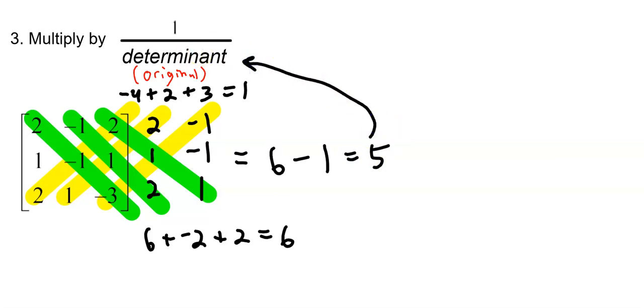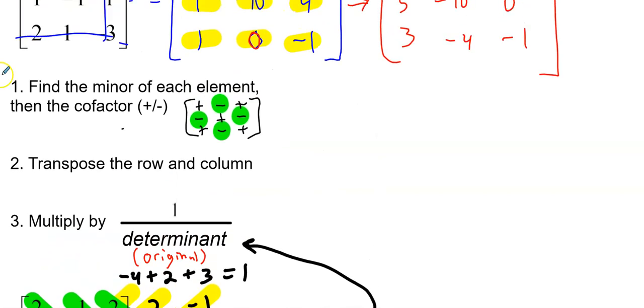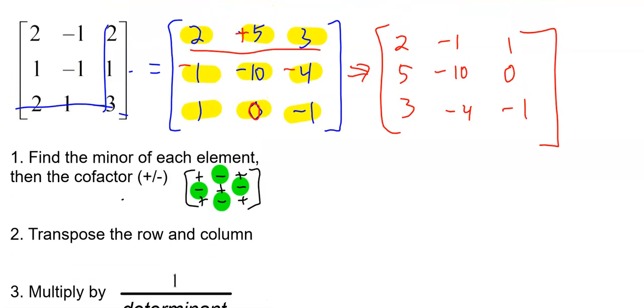of the original. So I'm going to multiply this matrix times 1/5 times that, right? Because 1 over the determinant there is our method. So the answer should be, let's see if it is.